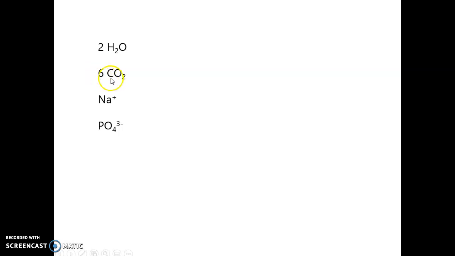And if we looked at the individual number of atoms, we would say that 6 CO2 molecules contain 6 carbon atoms, 6 times the 1. And it also contains how many oxygen atoms? Well, it would be 6 times the 2, or 12 oxygen atoms.